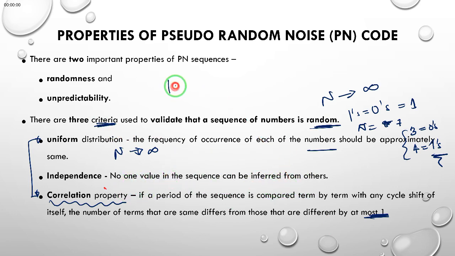When we see 1, 0, 1, 0, we cannot expect that the next four numbers are going to be 1, 0, 1, 0. We cannot predict the next bit of our PN sequence from what we have observed before. That is another very important criterion that we use to validate that a sequence meets these two properties of a PN sequence.